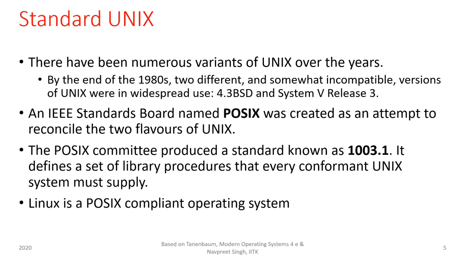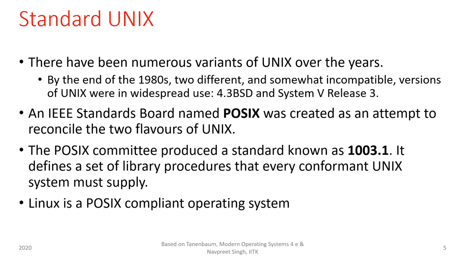So when we say a Unix operating system, we talk about the standard Unix. Because there were a number of variants, different people were developing different variants of these operating systems, there was a necessity to have some interoperability, a common standard to be followed. And that standard is what is called the POSIX standard. That POSIX standard is something that is followed by most of the Unix type operating systems, including Linux, which is also a POSIX compliant operating system.